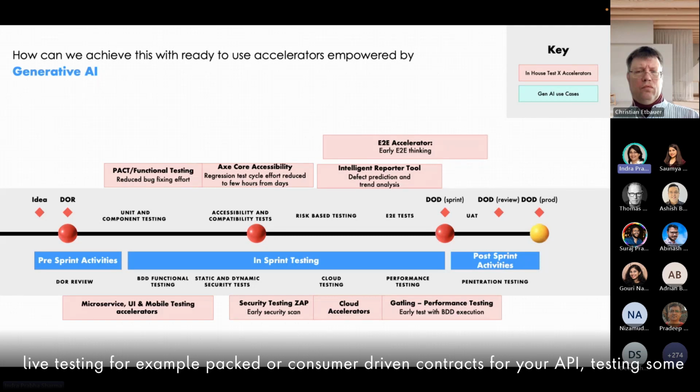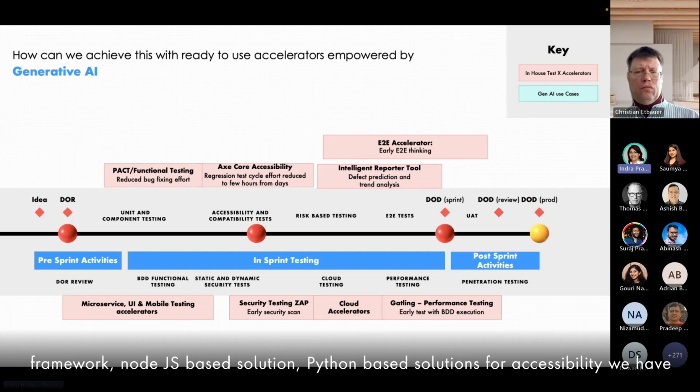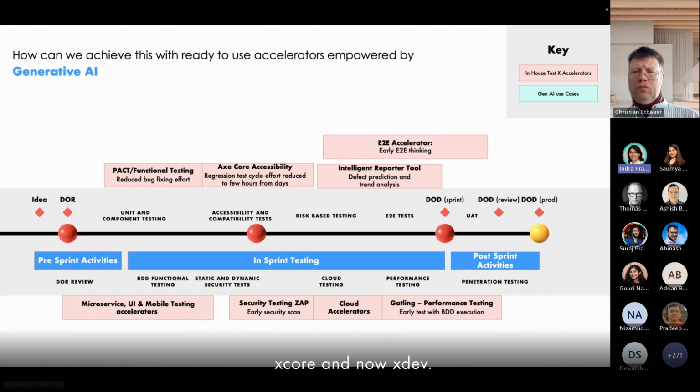For example, Pact or consumer-driven contracts for your API testing. Some sort of technology stack based solutions for Java based functional test framework, Node.js based solution, Python based solutions. For accessibility, we have Xcore and now Xdev. Similarly, we provide some ZAP-based security scans.